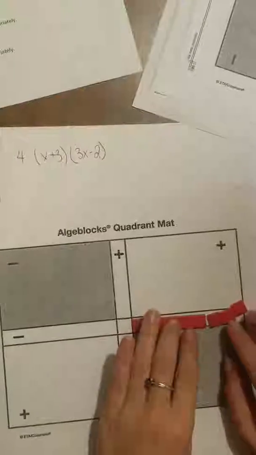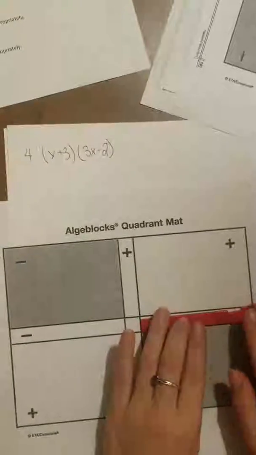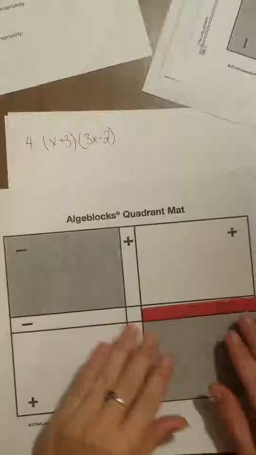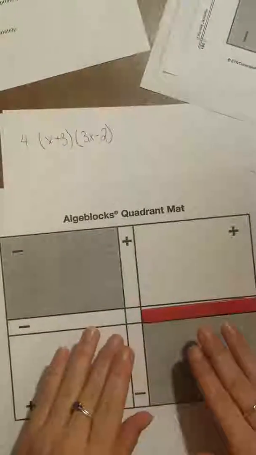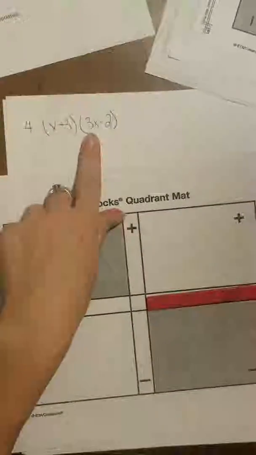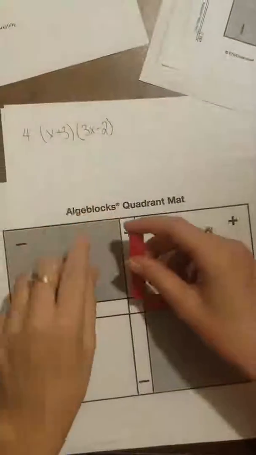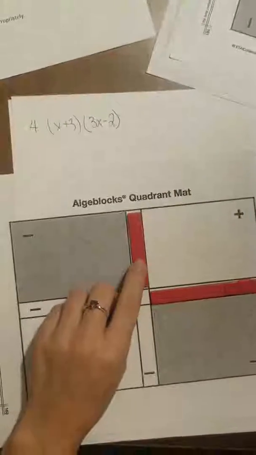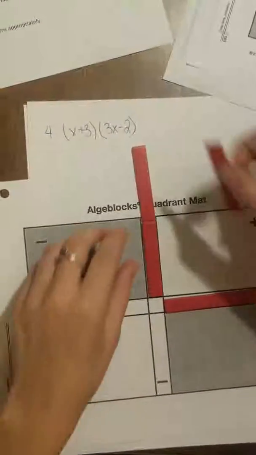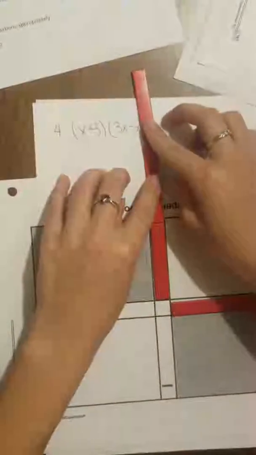Let's just put it here for now. You gotta make sure they're nice and neat when you lay them down. And then it says 3x minus 2. So this is an x. You gotta get 2 more. Make sure they're nice and neat.